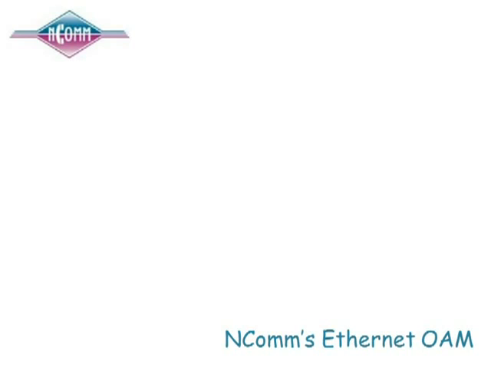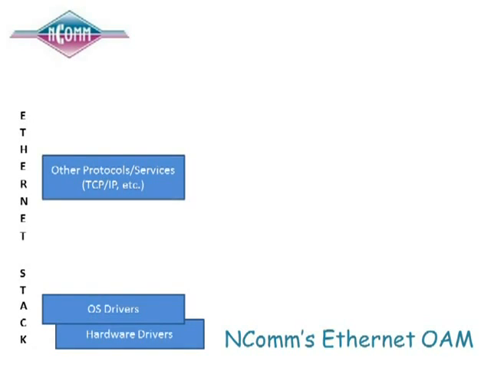NComm's Ethernet OAM source code puts market-critical Ethernet OAM functionality within the reach of every equipment manufacturer. Let's go through the structure and function of the Ethernet OAM code. Ethernet OAM hooks into the Ethernet stack with protocol handlers to receive and send messages.